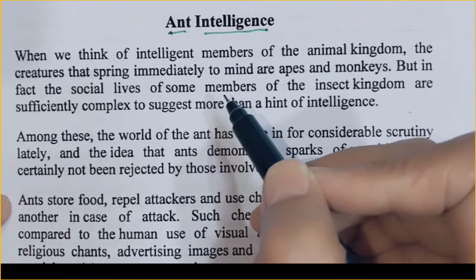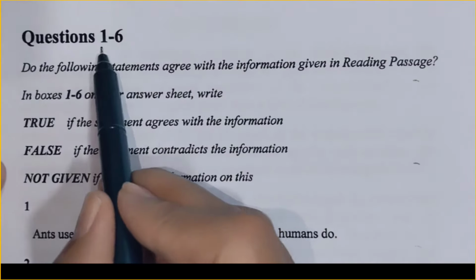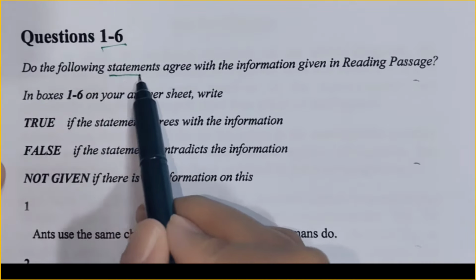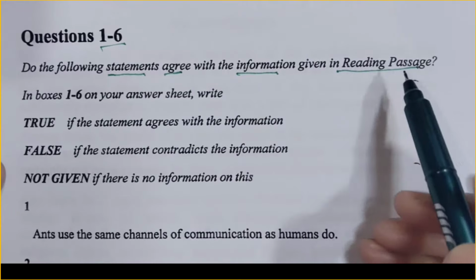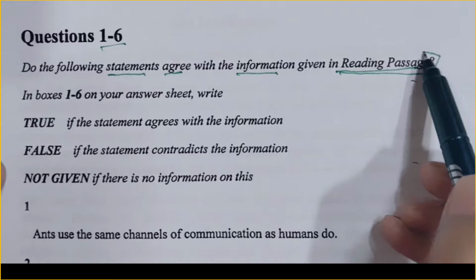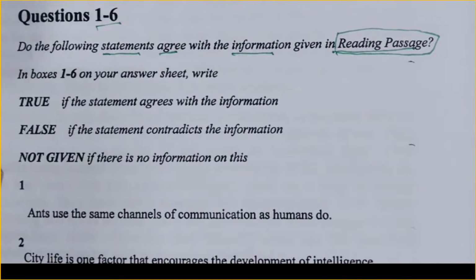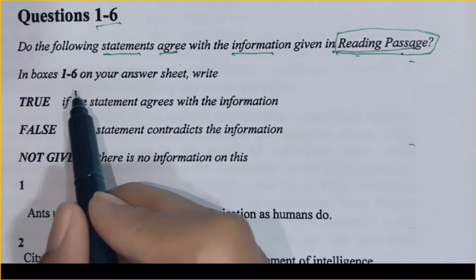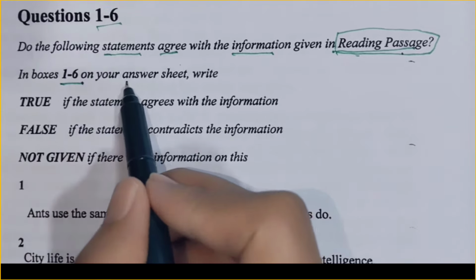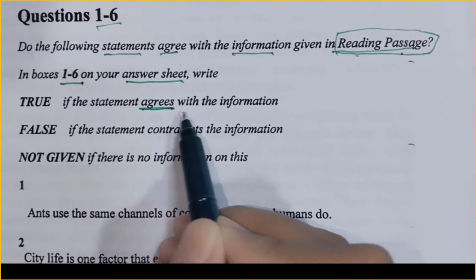Like always, as usual, first of all we will go for the questions. Questions 1 till 6. Do the following statements agree with the information given in the reading passage? So what is the purpose of true false not given? In boxes 1 till 6 on your answer sheet, write true if the statement agrees with the information.